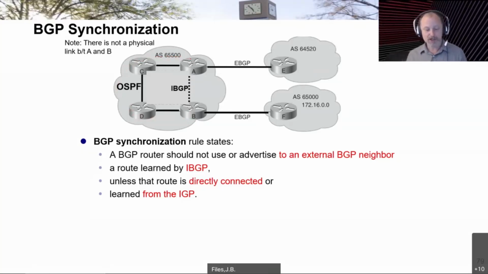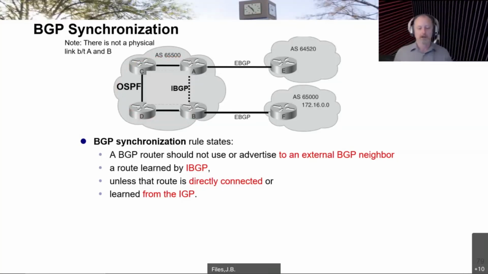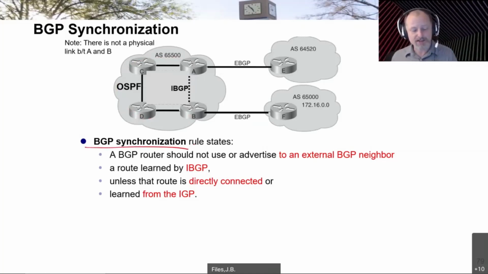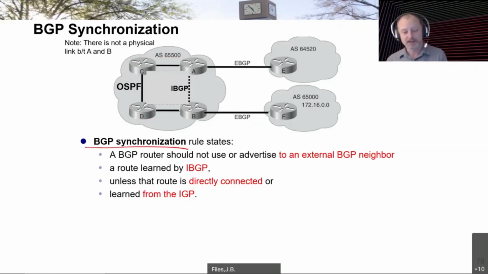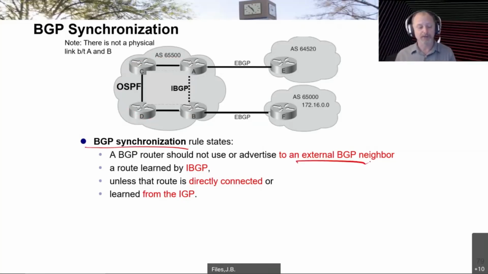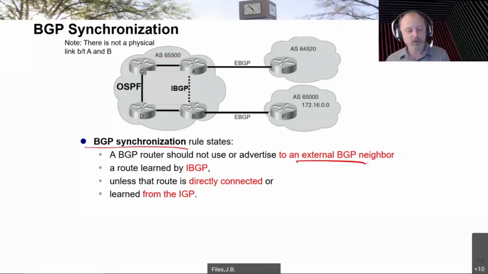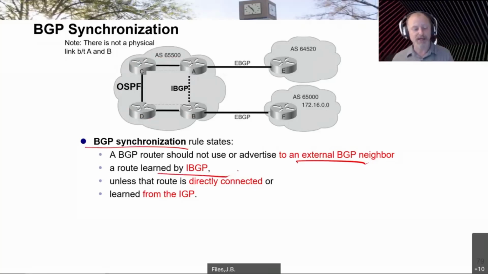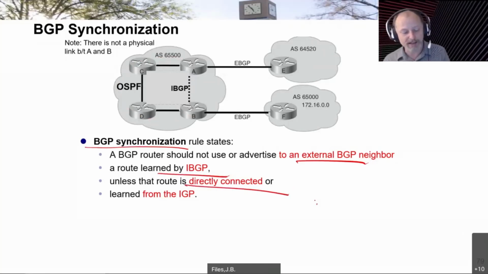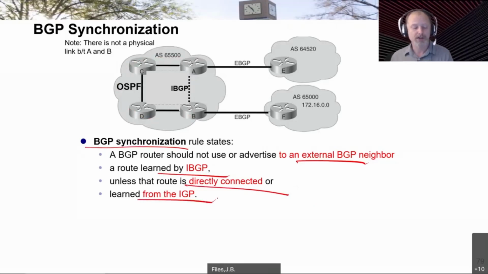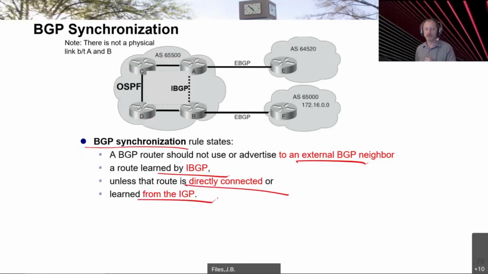BGP synchronization says that we should not advertise to an eBGP neighbor a route learned via iBGP unless that route is directly connected or learned from the interior routing protocol.